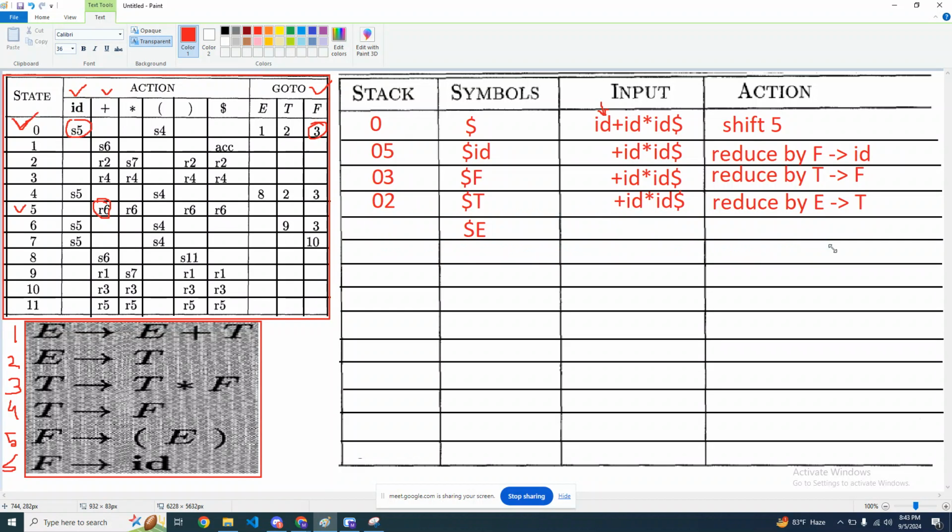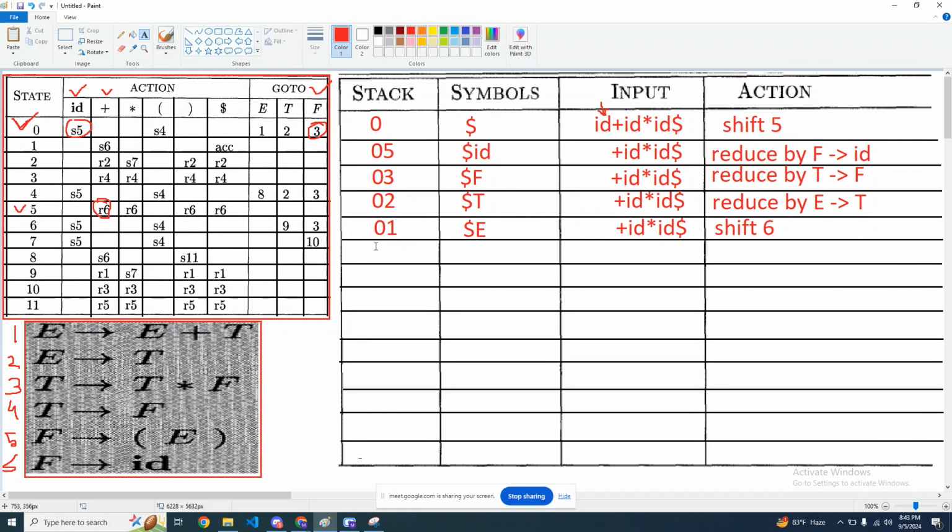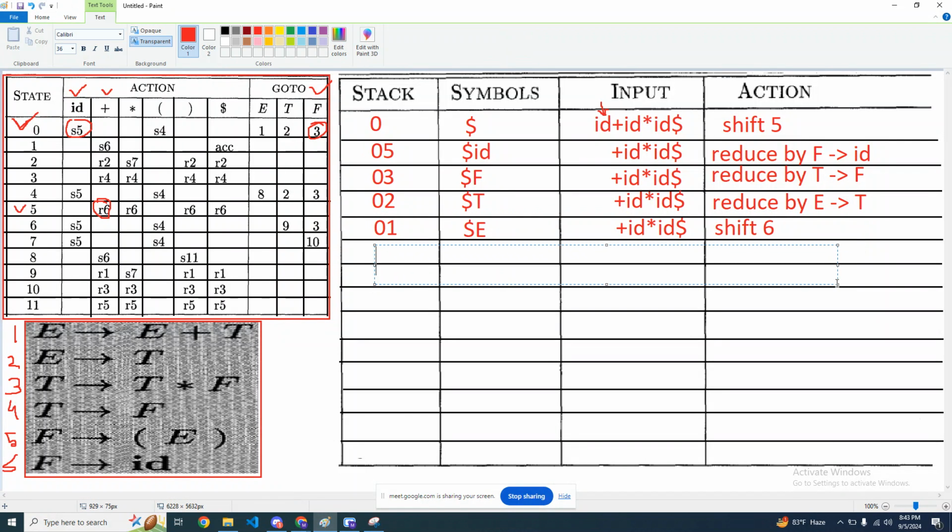So what is the current action? The current action is we need to see what is the top of the stack, 1. What is the top of the input? That is plus. For 1 and plus, we do shift 6. So that means 6 will be shifted into the stack.